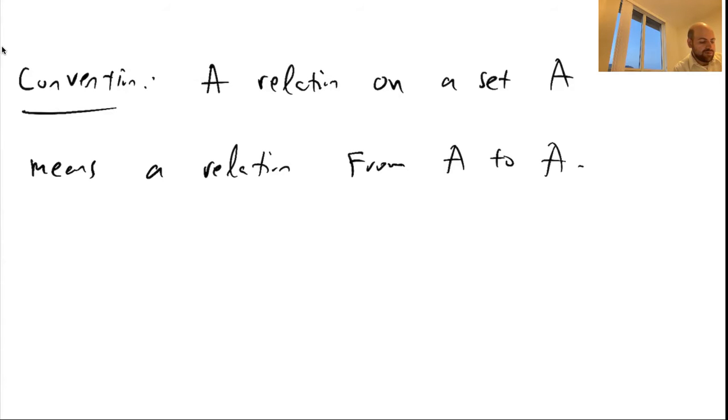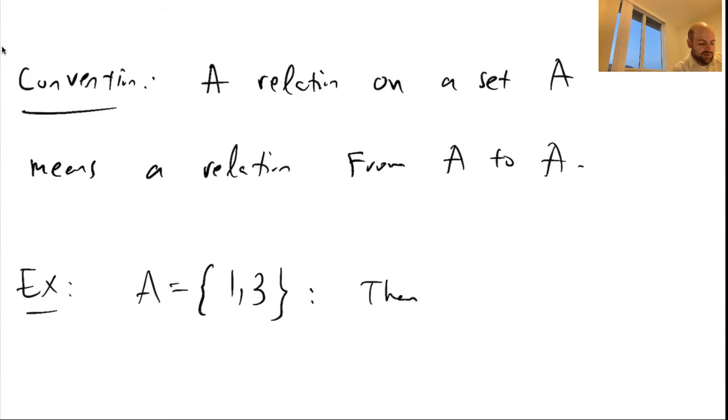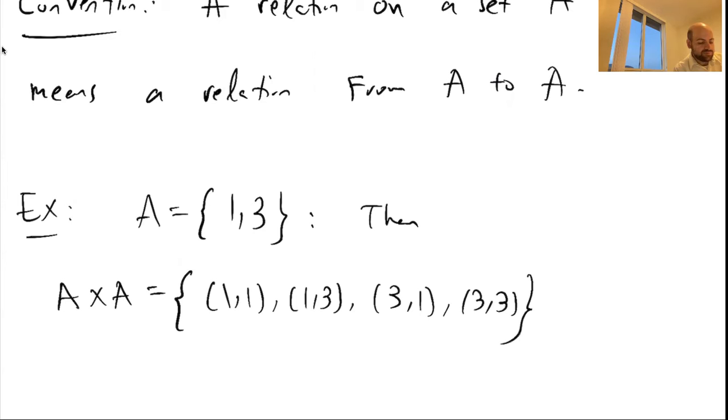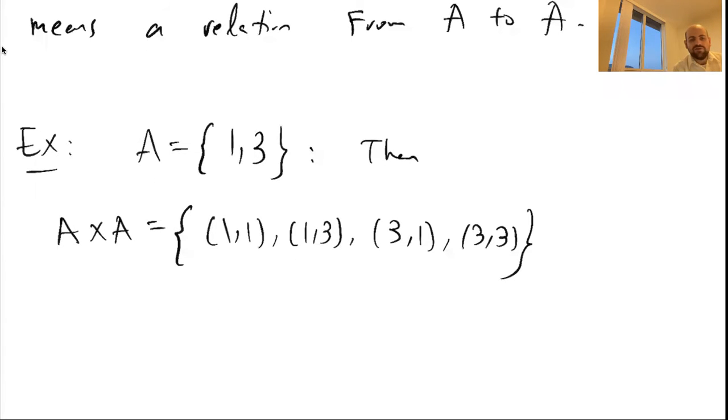So for example, if A is {1, 3}, then A cross A would be what? First of all, it would have 4 elements because A has 2 elements. So A cross A would be (1,1), (1,3), (3,1), and (3,3). And therefore, A cross A would have how many subsets? It would have 2 to the power 4, 16 subsets.